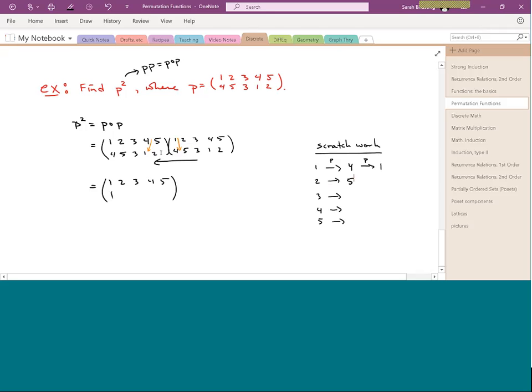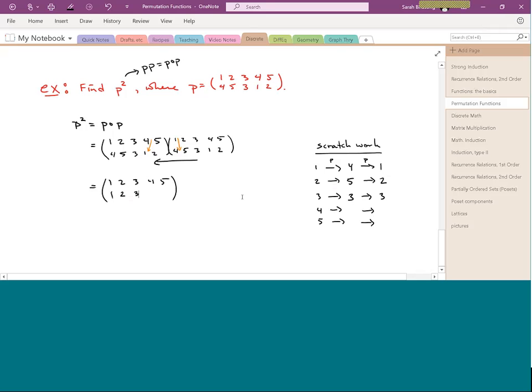Okay, that's total coincidence, and that's going to make this example a pain as an example, but oh well. That's the problem with making up numbers off the top of your head. And notice here, we'll get that 2 gets mapped to 2 in p squared. Now, 3 gets mapped to 3 in the original. And then when you move over to the next one, 3 also gets mapped to 3. So in p squared, 3 gets mapped to 3.